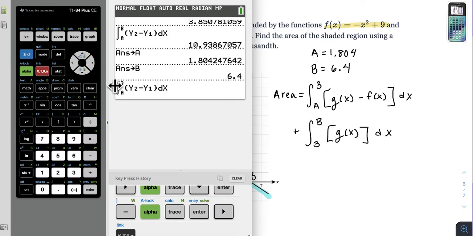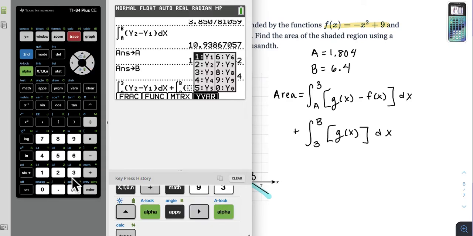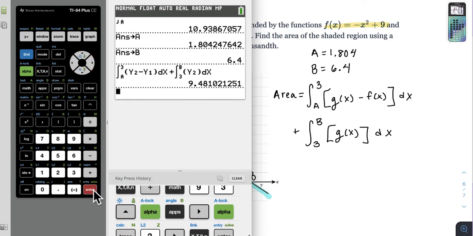I'm going to do this all in one line, not even calculate them separately. And then we're going to add that to the integral from 3 to B, and then we're just going to do g of x, so that's just going to be my y2 here, and again, it's using the variable x. Hit enter, let it process. So we're going to get 9.481 units squared.